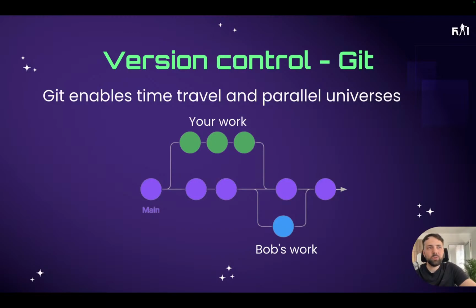Like in a game, some games have quick saves: you press a hotkey, a shortcut, and you save that instant, and you can go back whenever you want. In some games you can see all of your checkpoints and go to any checkpoint. Version control is very similar to this.